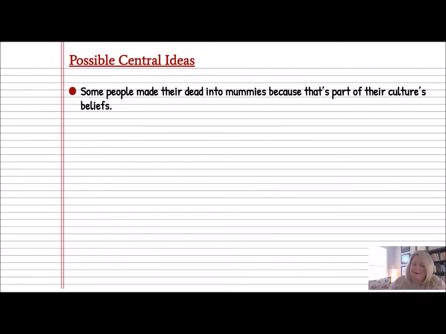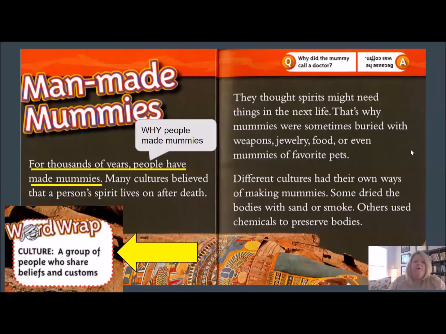All right, let's keep reading. For thousands of years, people have made mummies. Many cultures believe that a person's spirit lives on after death. They thought spirits might need things in their next life. That's why mummies were sometimes buried with weapons, jewelry, food, or even mummies of favorite pets.